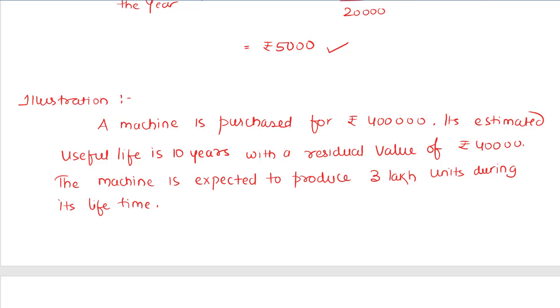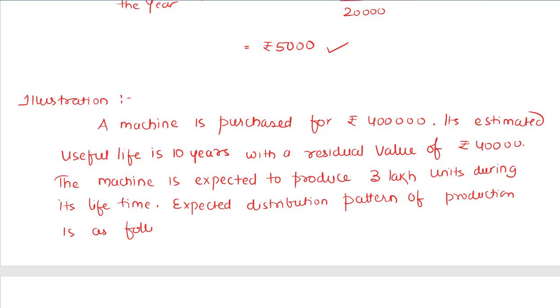The expected distribution pattern of production is as follows.